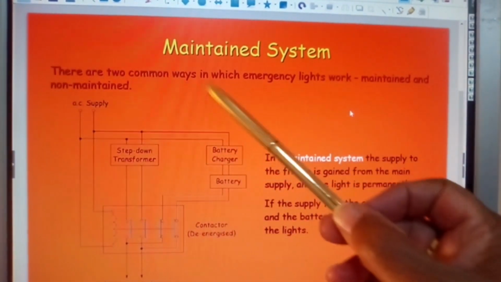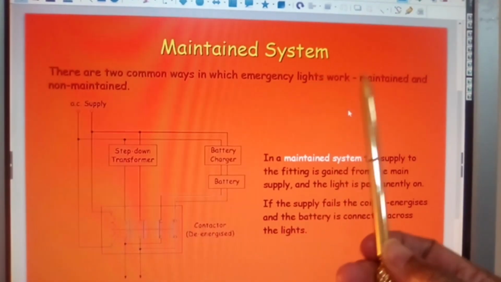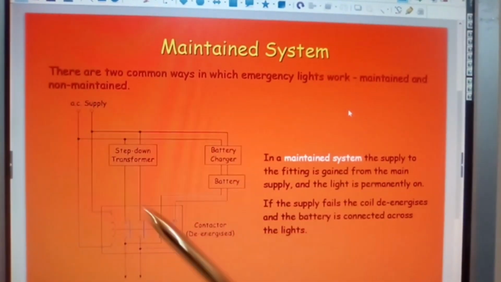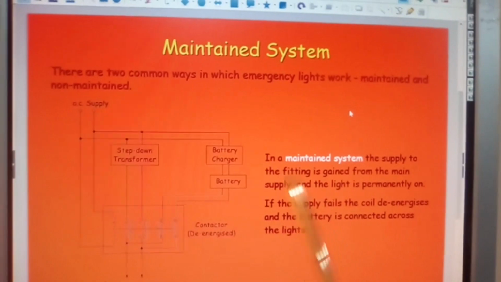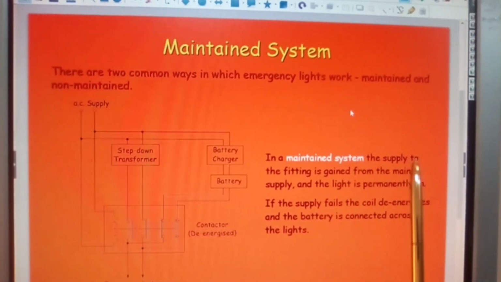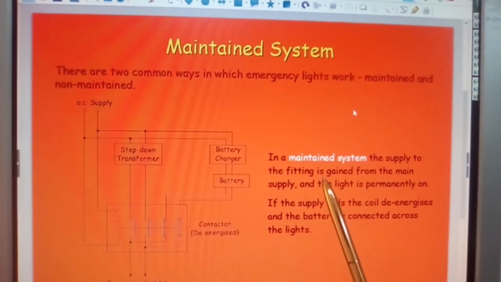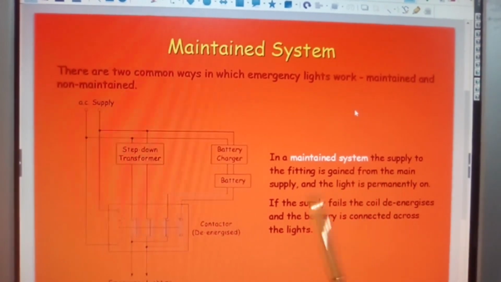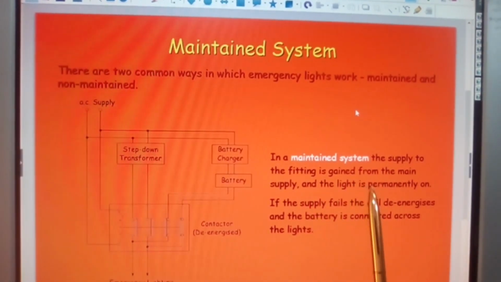There are two common ways in which emergency lights work: maintained and non-maintained. In a maintained system, the supply to the fitting is gained from the mains supply and the light is permanently on.